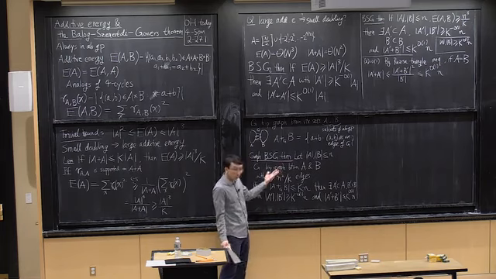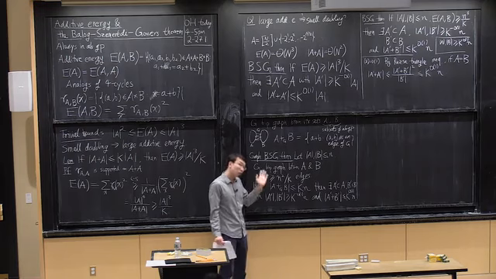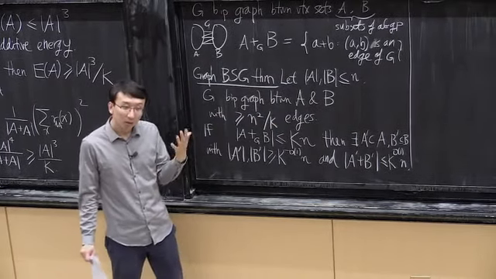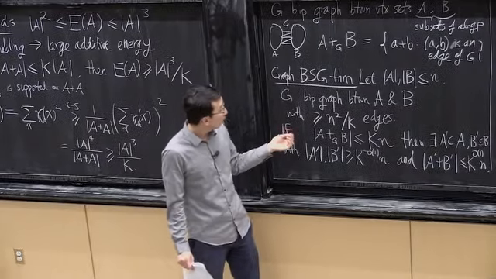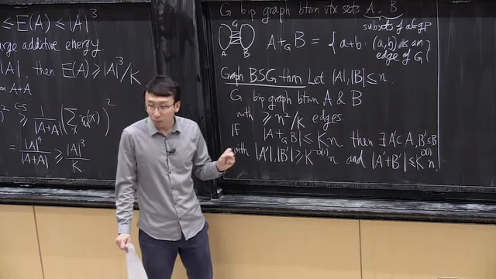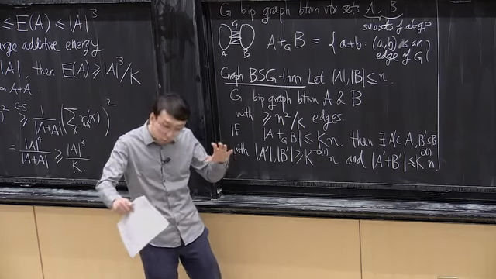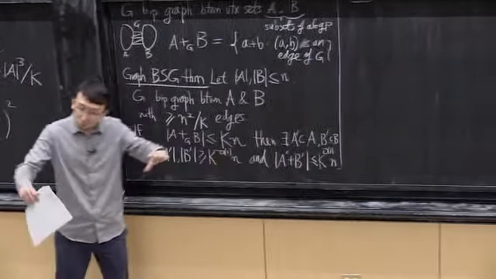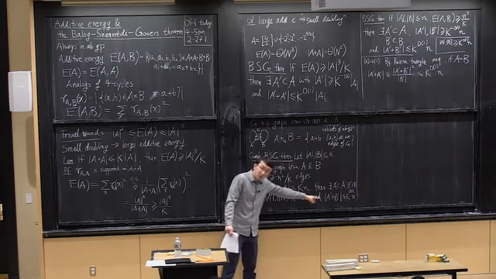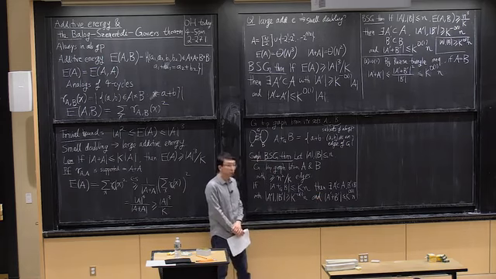Okay, so let me say it again. If you have a fairly dense, so constant fraction edge density, bipartite graph between A and B, subsets of the abelian group, and such that the restricted sum set is small, then I can restrict A and B to fairly large subsets, so that the complete sum set between the subsets A prime and B prime is small.